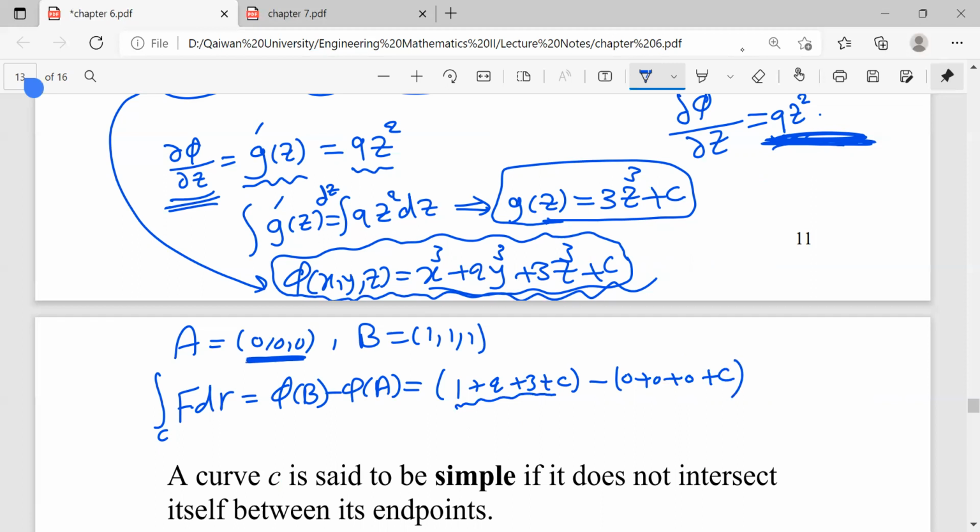Here we get minus c. Minus c and c cancel out, and we get 6. That means the line integral is 6, and it's independent of the path.